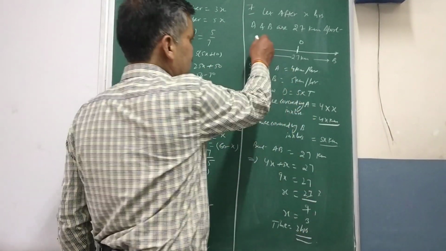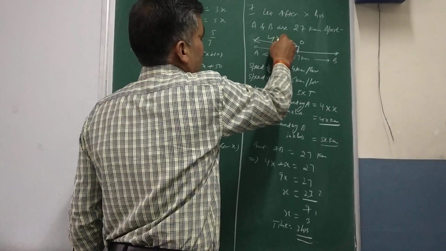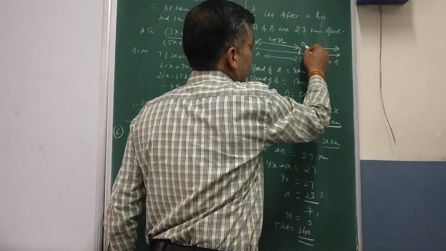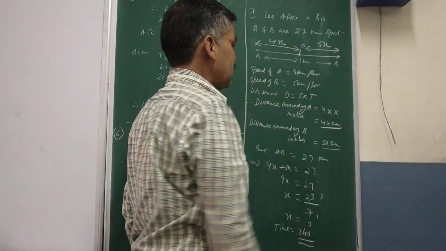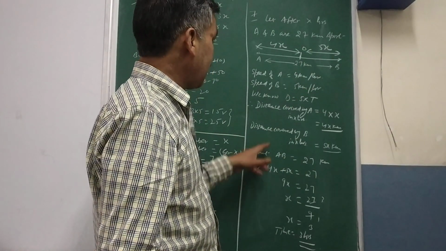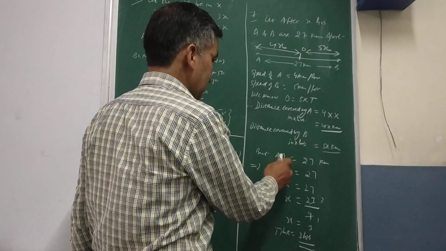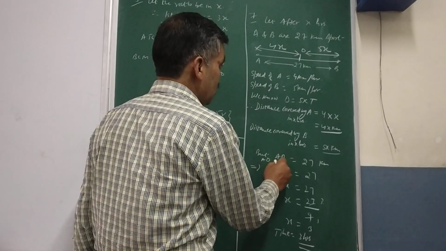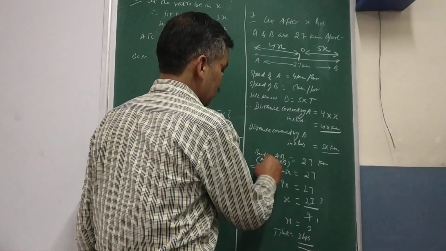And the distance covered by B in this direction, because the speed of B is 5 and time is x hours, will be equal to 5x. So total AB means what? AB, in bracket you can write AO plus OB. This is the total distance.